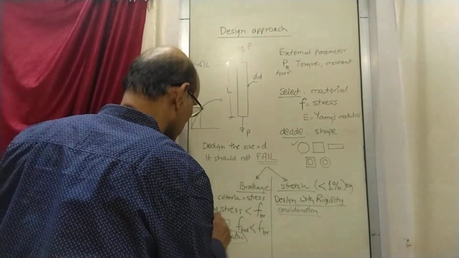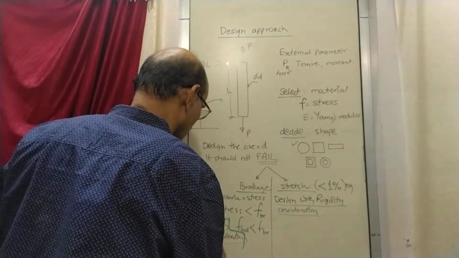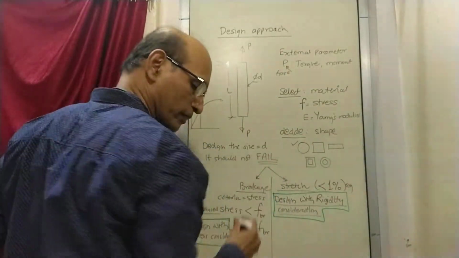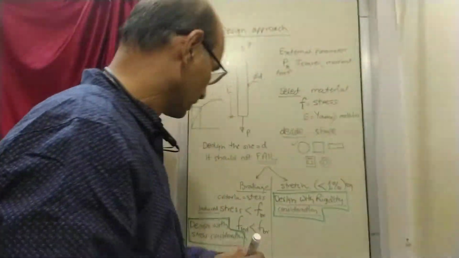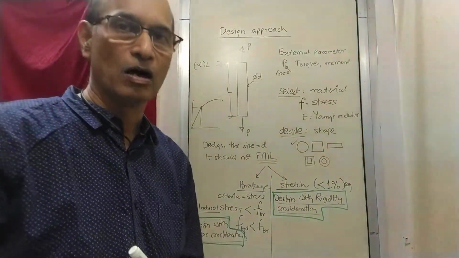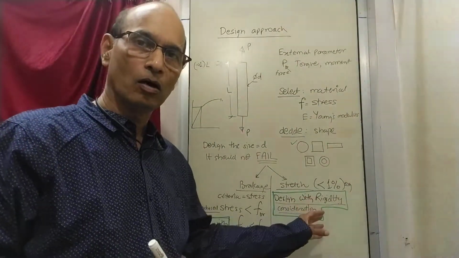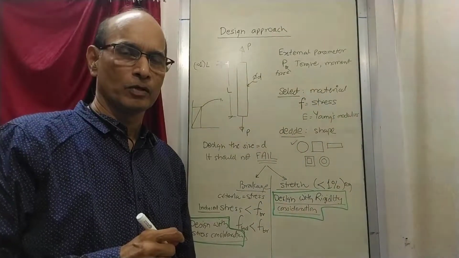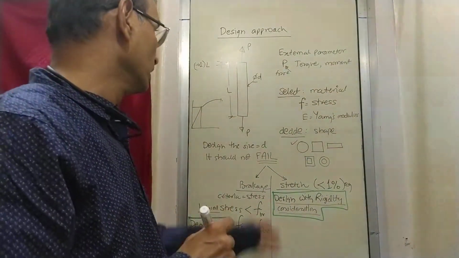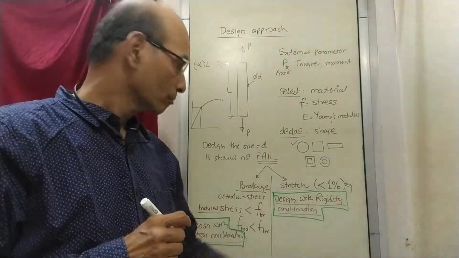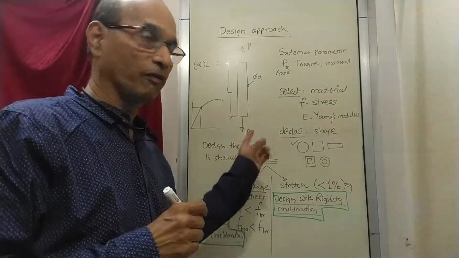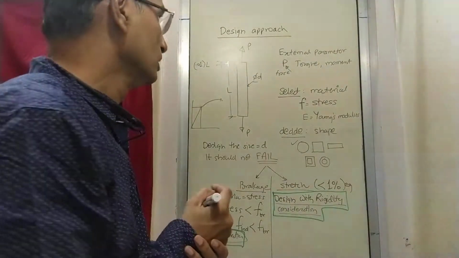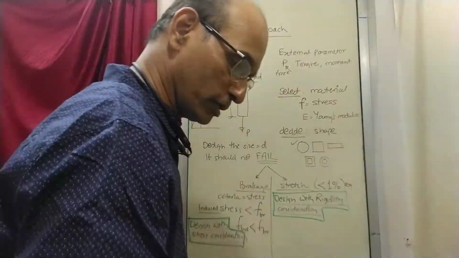So design with stress consideration and design with rigidity consideration are the two ways in which the design is carried out, either by this way or by this way. Okay? So now let's say we really want to do this by both ways and find out the size D. Then how will we do that? I'll just show it here itself.